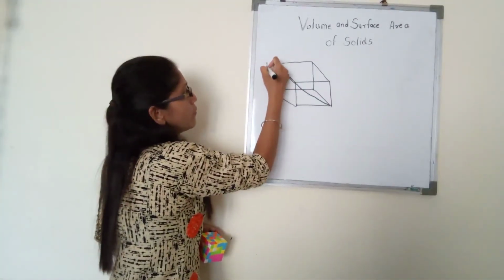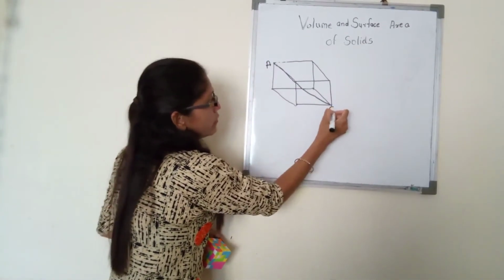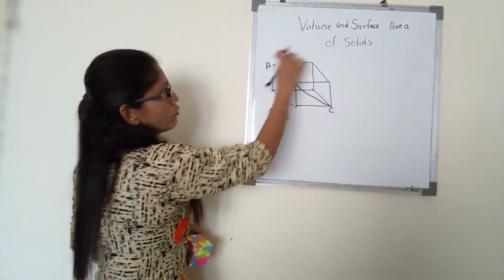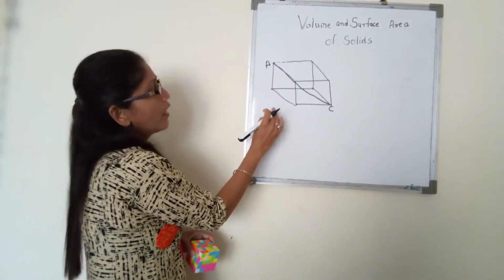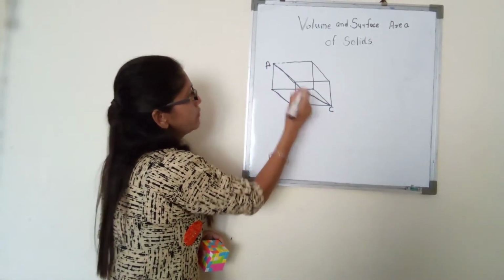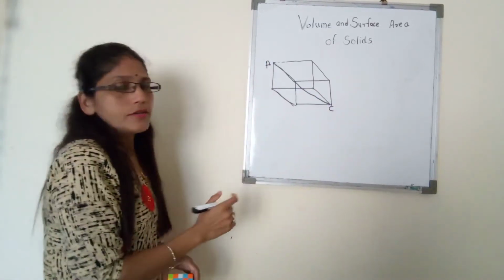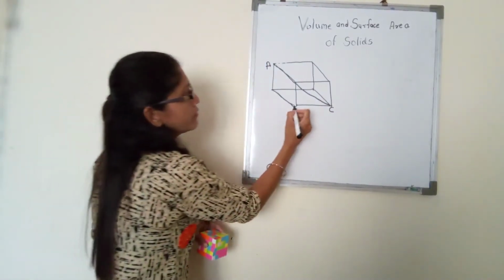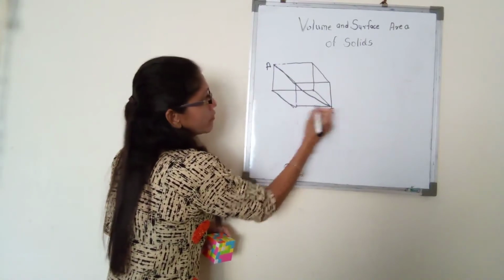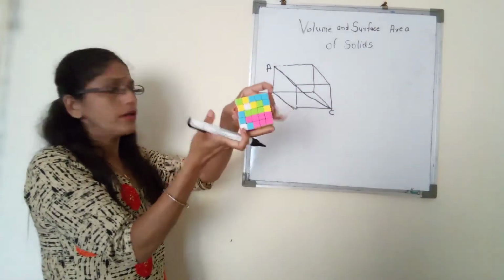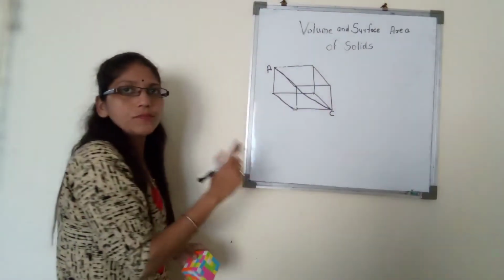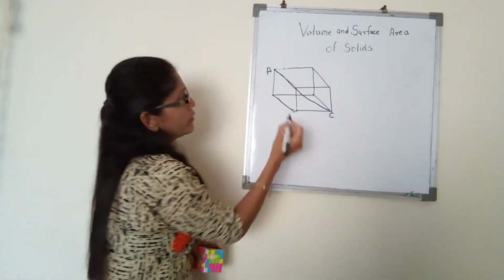I put the name here AC. That means AC is the diagonal of the cube. Then how can I find the diagonal of the cube? First I will have to take this square. Though it looks like a rhombus, it is a square.